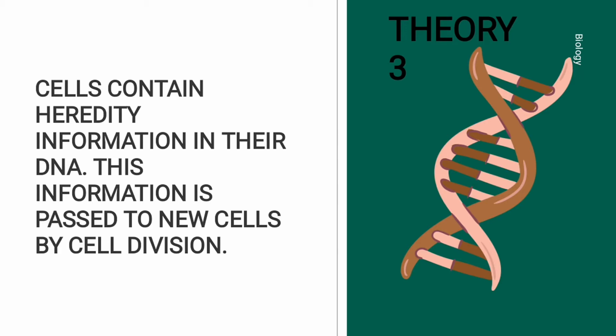So it is passed on from parent to offspring. Are we together? So this is the third theory of cell, which says that cells contain hereditary information in their DNA, and this information is passed from parent to offspring by cell division.